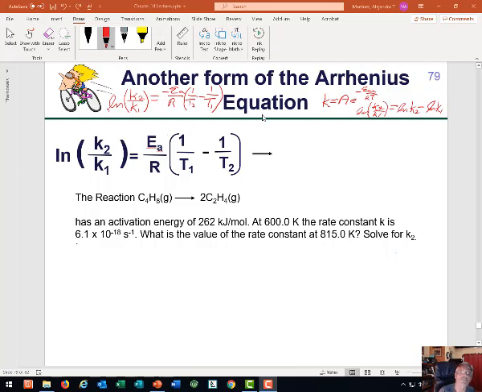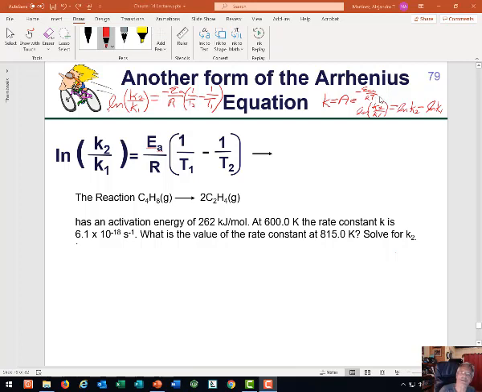You get this equation by taking the Arrhenius equation that you might be familiar with from chapter 14. This is the rate constant for the reaction, which is equal to the frequency factor times e to the negative of the activation energy divided by R, the gas constant, times the Kelvin temperature.